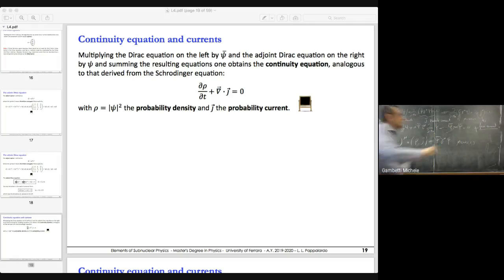Okay, so our main result is that the derivative of the four-current is 0, and this means that the four-current is conserved.